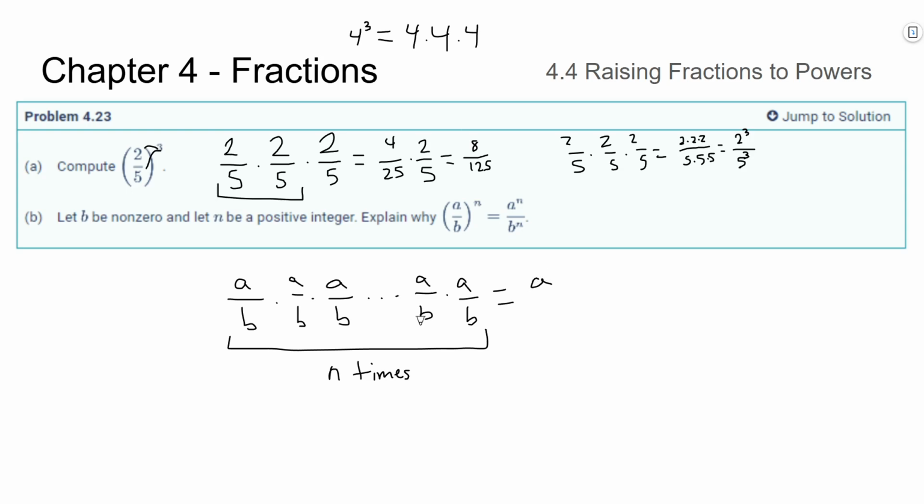So we're going to multiply a n number of times, even if that is 1 time. Sometimes it could even be negative, it doesn't really matter. And same with b. b times b times b times b. How many times? n times. So it would be b to the n. So that's why a over b to the n is equal to a to the n over b to the n.